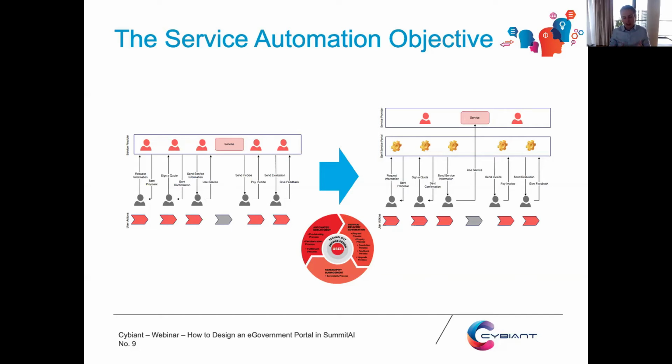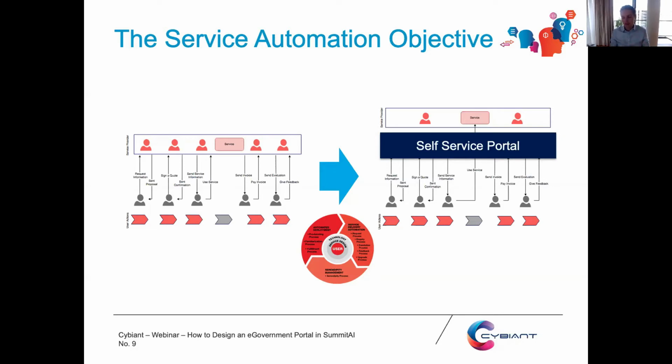So what we would like to do when we do service automation is that we would like to move to the situation on the right. And you see that it is very similar to the picture we draw on the left, but there's one main difference. The main difference is that we will build a self-service portal or a self-service interface between the service provider, which is the government on the one hand side, and the user, who's the actual citizen or service consumer at the other side.